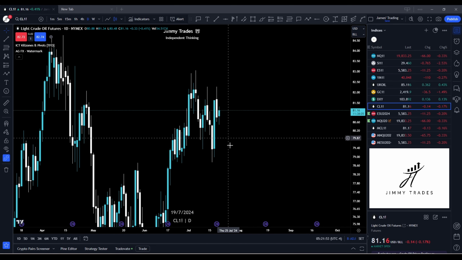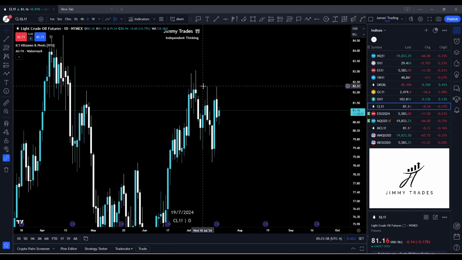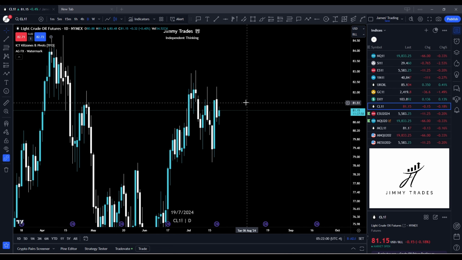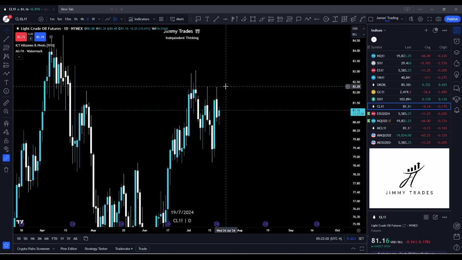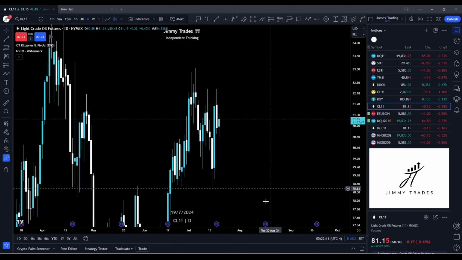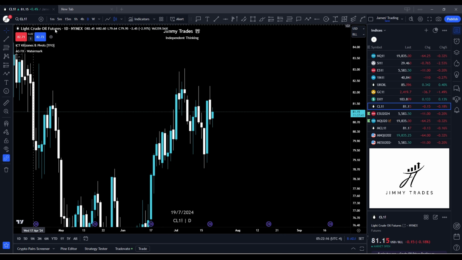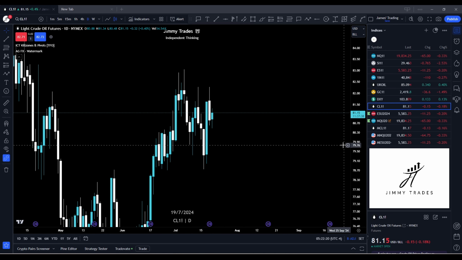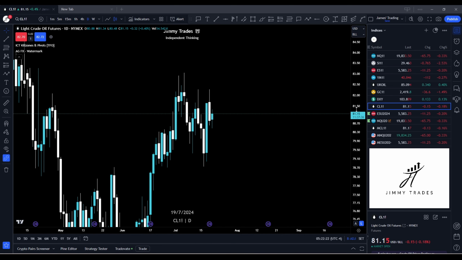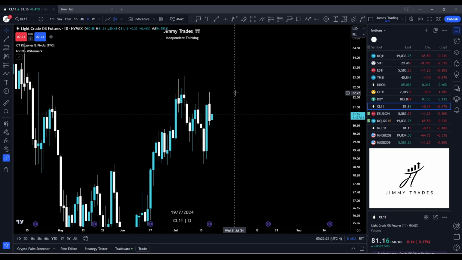If you use the current contract, which is CLU 2024, you'll notice there's a slight difference in these highs here. Just work with the chart you're on and with the information you've got. Okay, that's my advice. I use CL1, the continuation contract. So I use the information that's given to me on this chart.